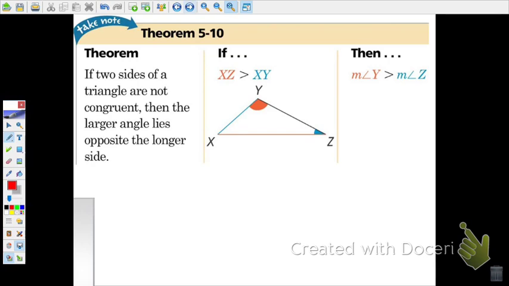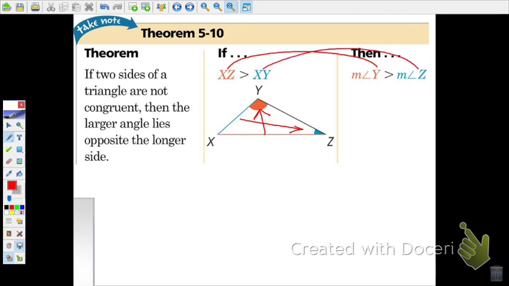Okay? So if XZ is the longer side, then its opposite angle, Y, is greater than the angle opposite XY, which is Z. Okay? That's a little confusing.